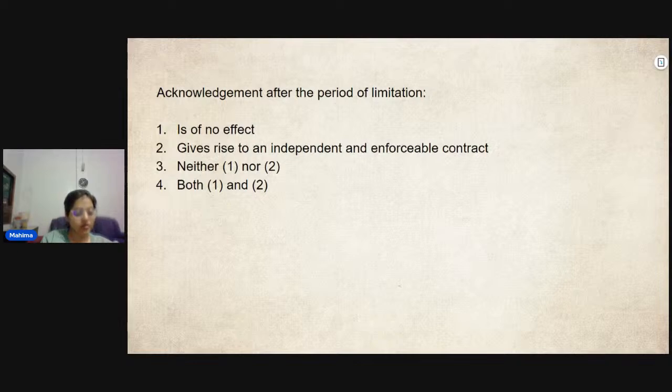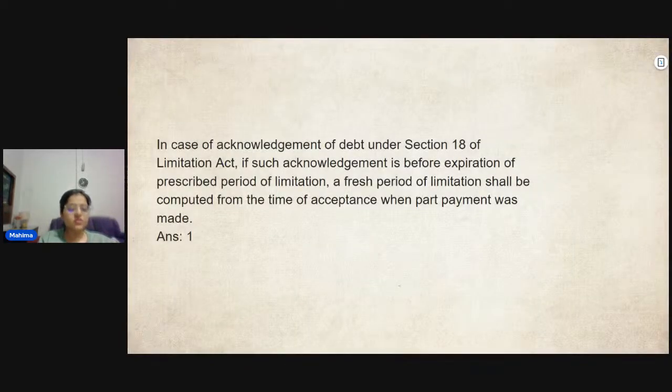Acknowledgement after a period of limitation. Yes, it is option number 1.